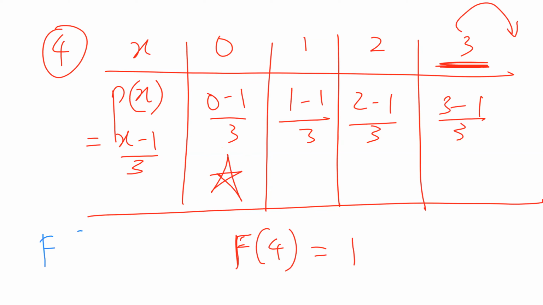Additional part, if they're asking you F of minus 2, so before 0, whatever value comes for CDF, it should be 0, right? So this was a conceptual one, but the problem was not framed in the right manner, as I said, because the first probability occurs to be negative.